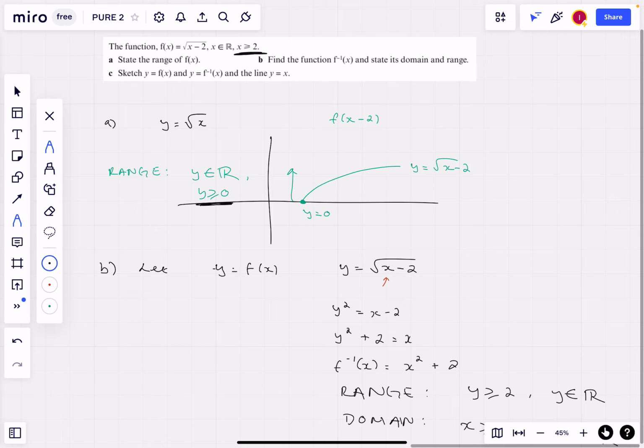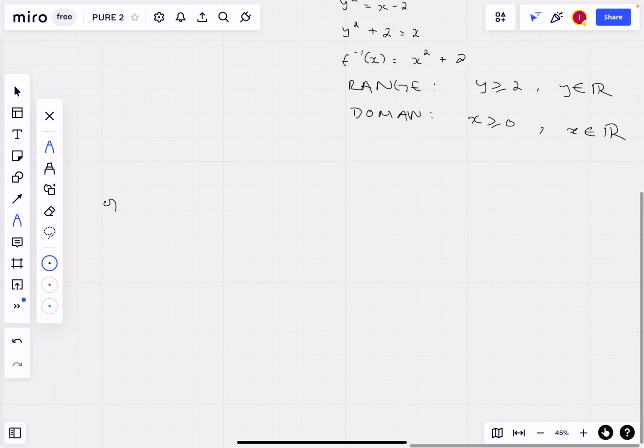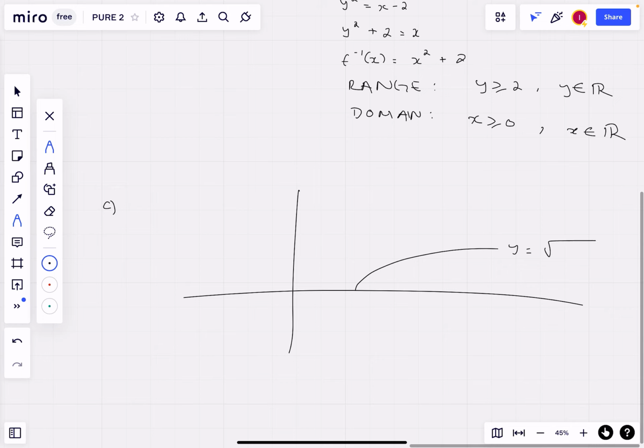Sketch y equals f(x) and y equals f minus 1 and the line y equals x. So let's draw an axis. f(x) looks something like this, and f minus 1 looks something like that.